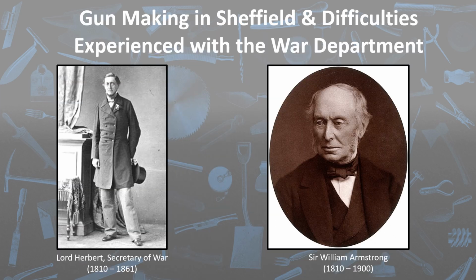Going back to the story of Bessemer's opinion of the need to make gun barrels out of steel rather than cast iron, to ensure that the bores didn't wear or explode due to the high pressures needed to fire elongated projectiles, Bessemer came up against strong opposition to his idea from Lord Herbert, the current Secretary of State for War, and Sir William Armstrong, the famous engineer of that time.